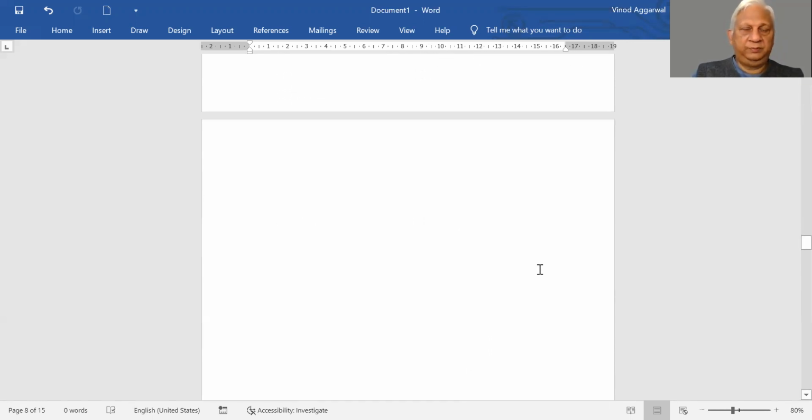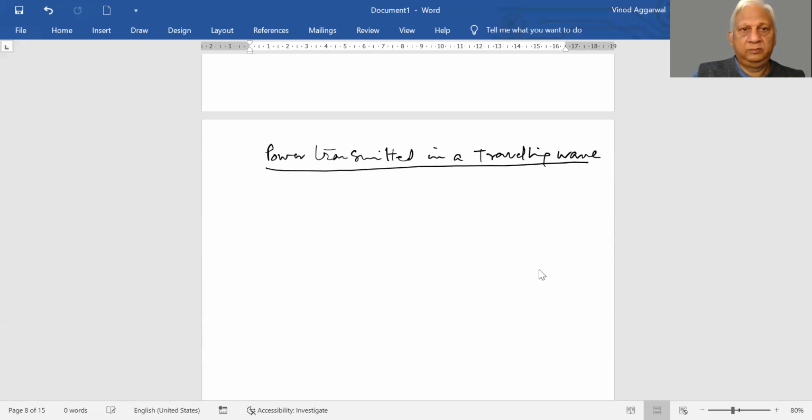Now, one more topic was what is the power transmitted in a traveling wave. Because when a wave goes like this, some energy is required to propagate it. So what is the amount of energy required to propagate it?